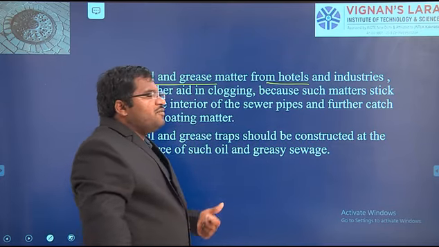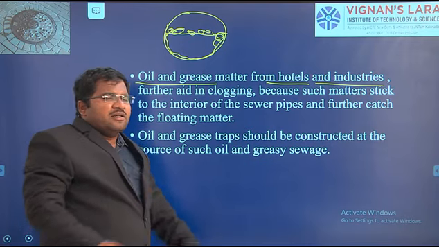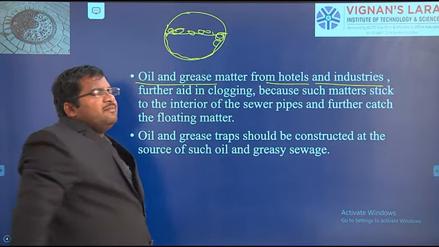These oil and grease stick to the sides of the sewer lines. Whenever floating matter comes, it goes and attaches to this. Continuously that attachment will continue and it will completely block the pipe.